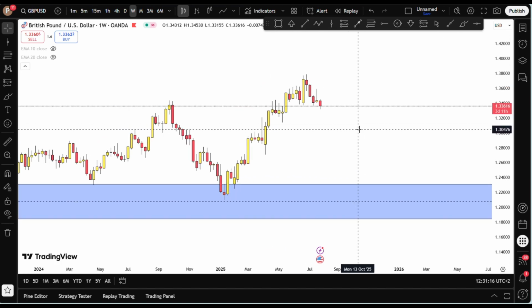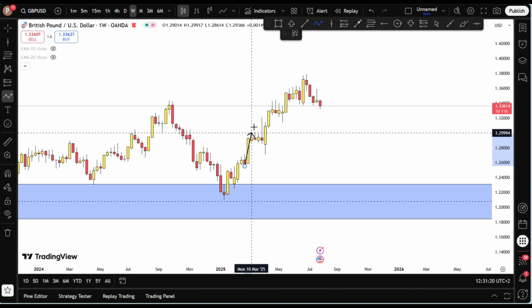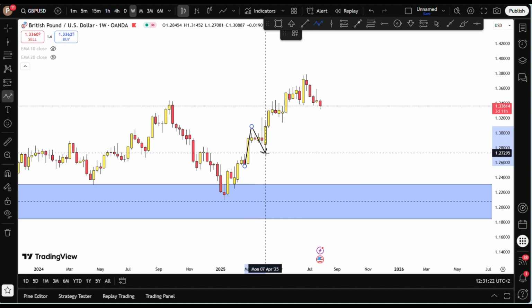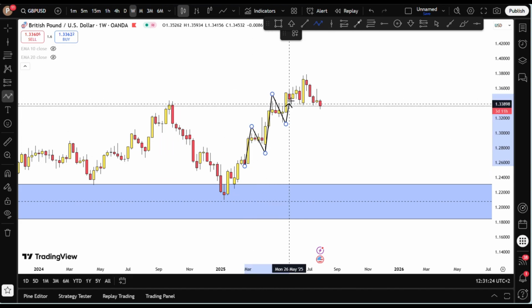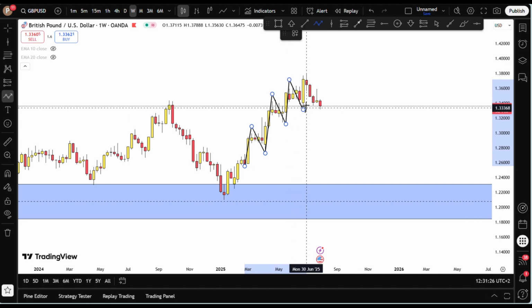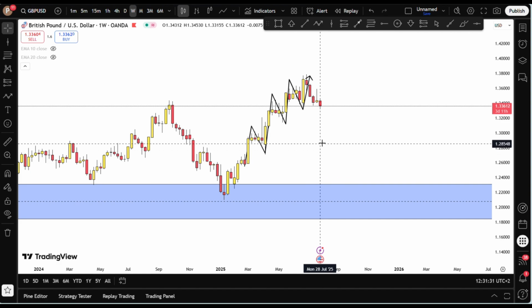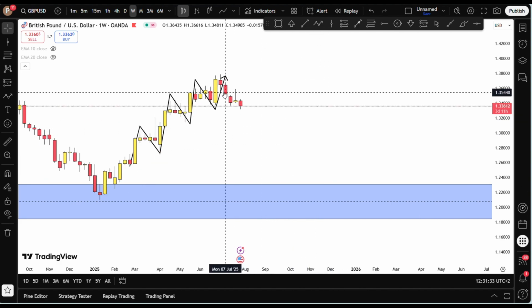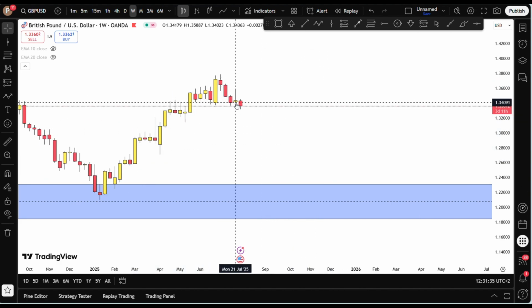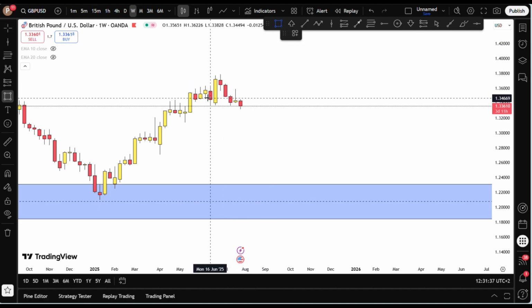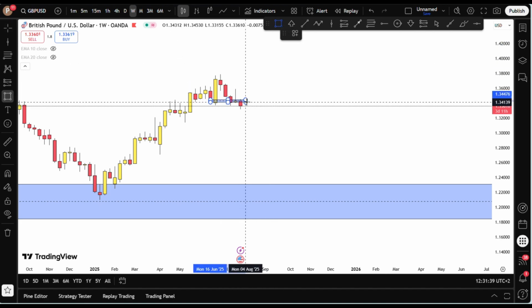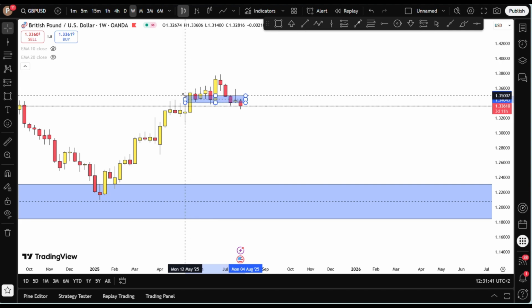So now what do we see right now? There's been an impulse, correction, impulse, correction, impulse, correction, impulse. We are currently at that stage of GBPUSD. We can see that the market is testing this low here.